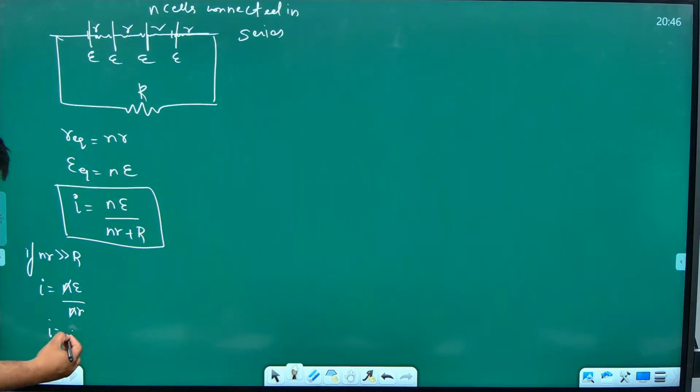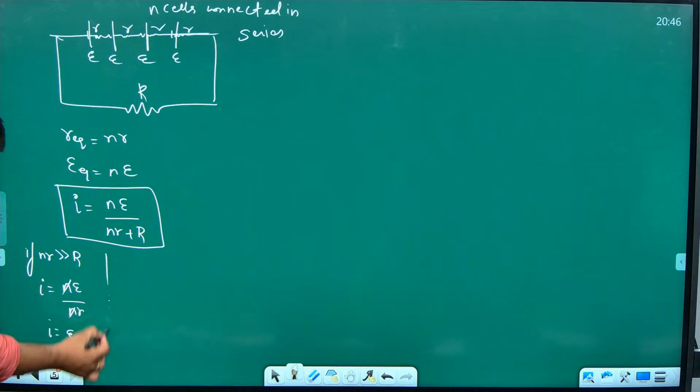I will become equal to E by r. It means, even if you have 1000 cells connected in series in such a way that the net resistance of these 1000 cells is much greater than the external resistance, then the current drawn is just like current drawn from one cell.